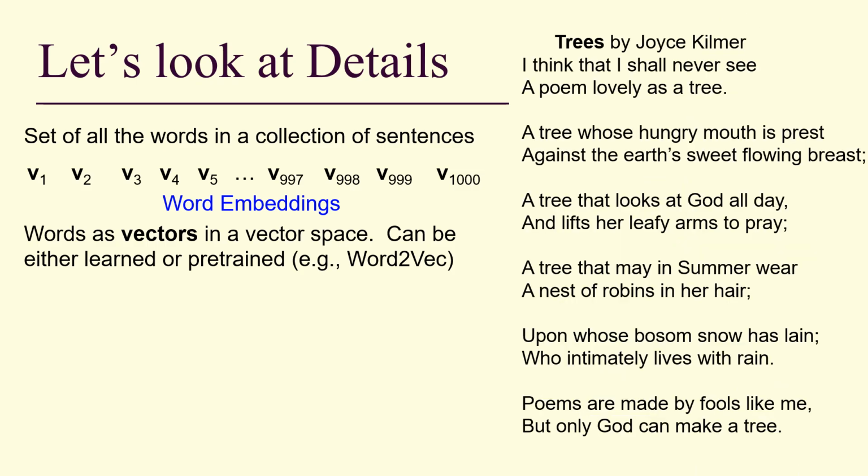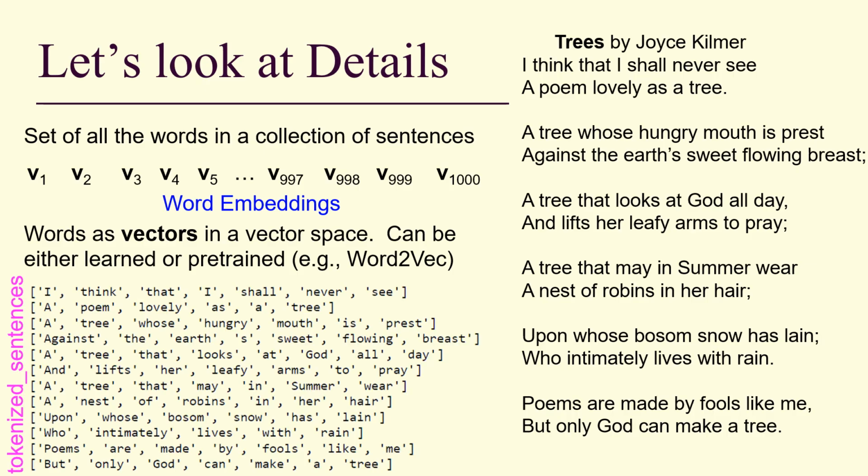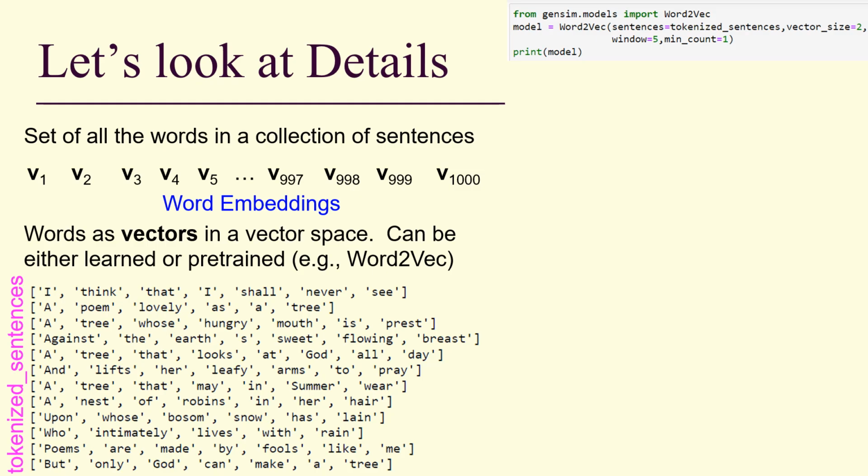For example, here's a poem by Joyce Kilmer, a very famous poem. And let's notice that I can tokenize that into a bunch of sentences. In this case, each line is considered a sentence, and then I can start learning word embeddings. So here I'm showing you the Python for importing word2vec, and we get a vocabulary of 65 words.